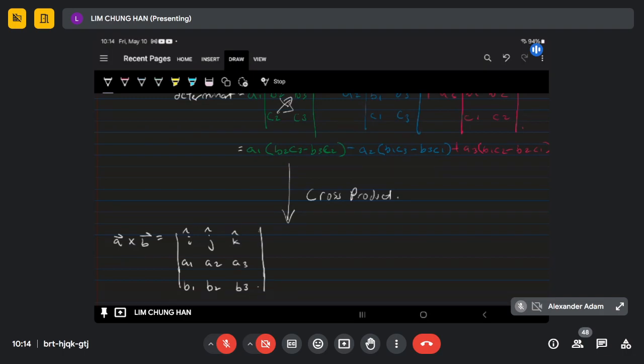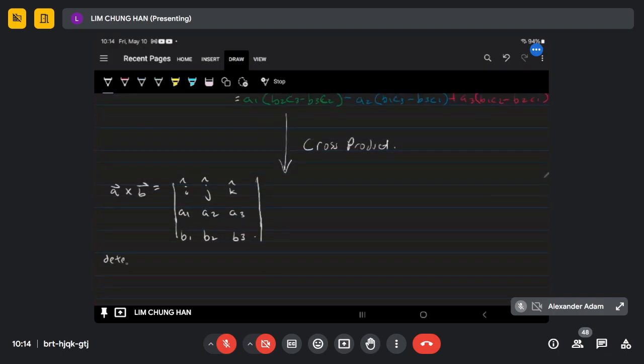So when you find the determinant, basically it is I times A2 B3 minus A3 B2, minus J. Don't forget the roof on top of I and J. When it's J, then it's A1 B3 minus A3 B1, plus K times A1 B2 minus A2 B1.